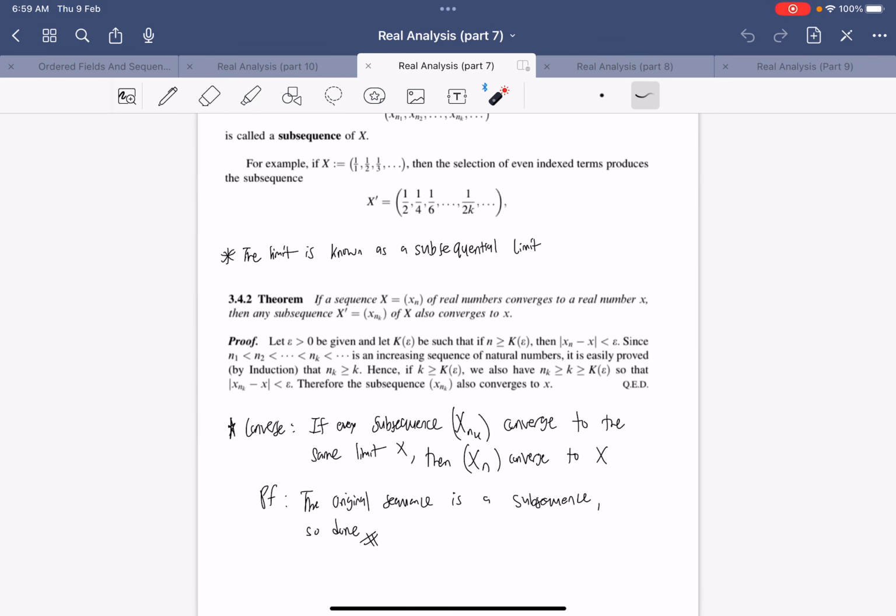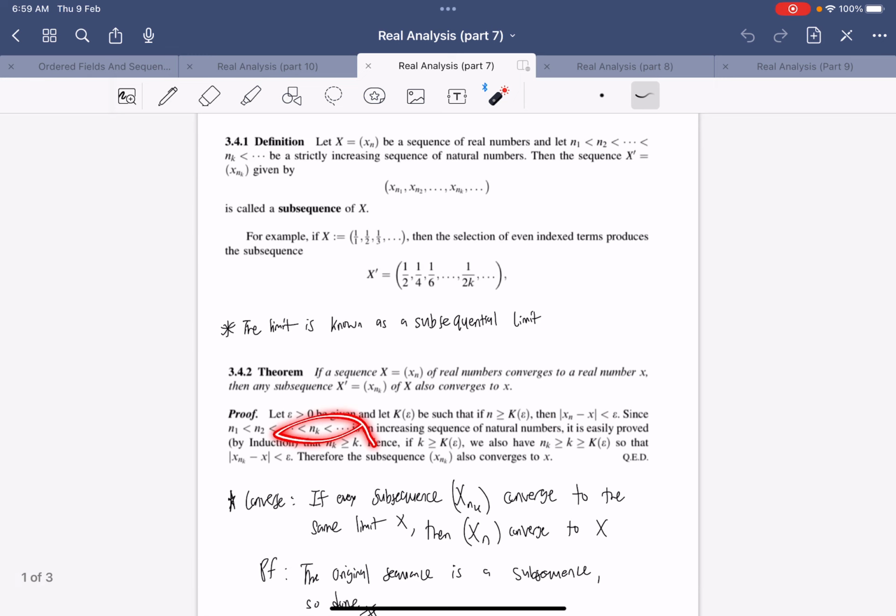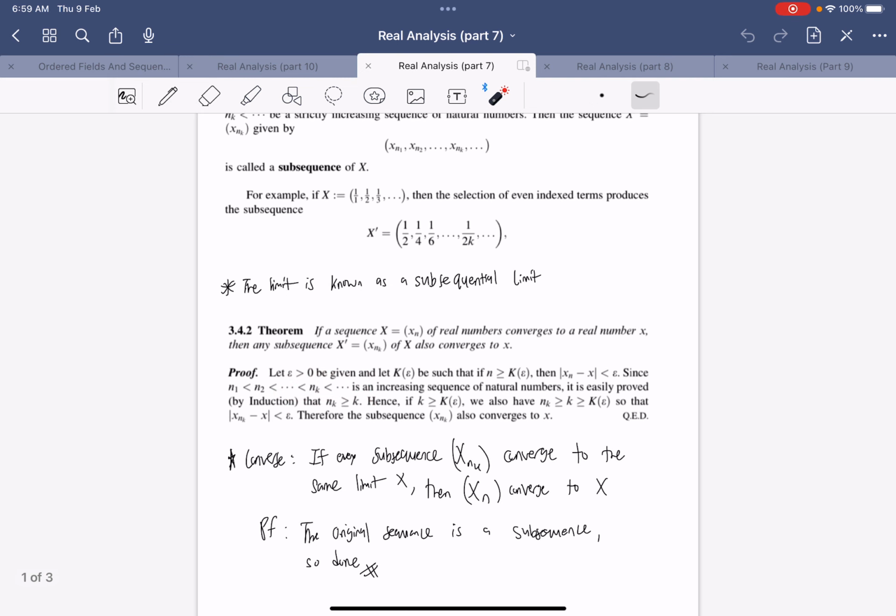If you're given any epsilon, then there will exist an n such that |xn minus x| is less than epsilon. Because the subsequence is chosen in an increasing manner, at one point you have an index that exceeds n, and afterwards all of these will also exceed n. But it may not be one step at a time.